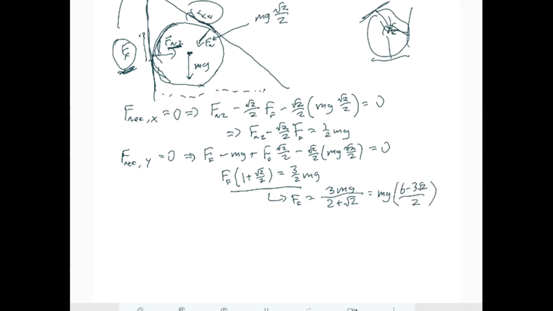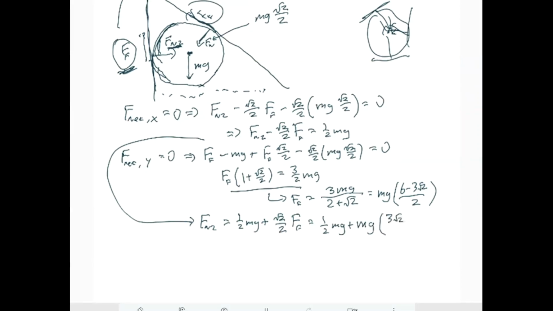That's just rationalizing the denominator. And now we can plug this all the way into our first equation. We have that Fn2 is 1/2 mg plus root 2 over 2 Ff. And if we plug it in, 1/2 mg, and then root 2 over 2 friction is mg times 3 root 2 minus 3.